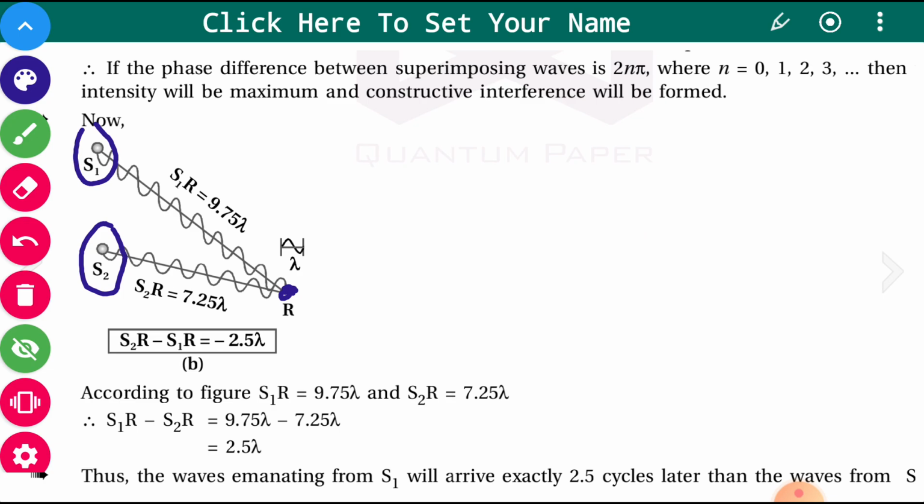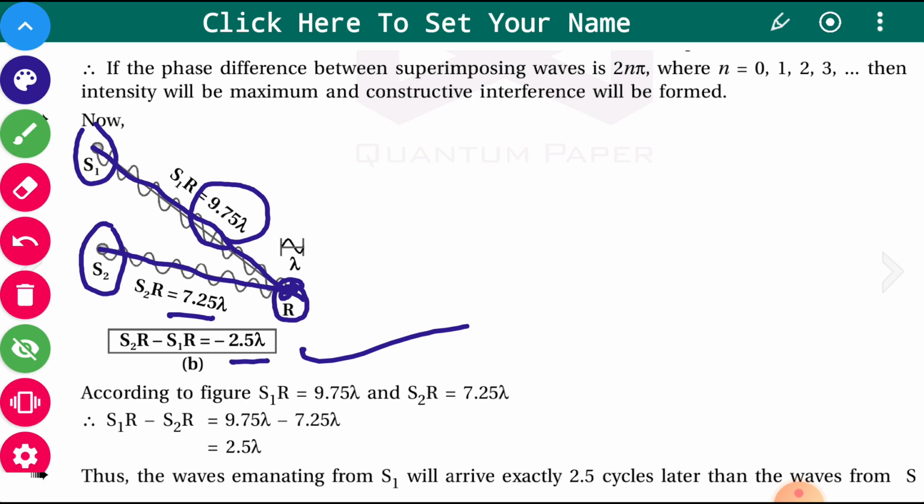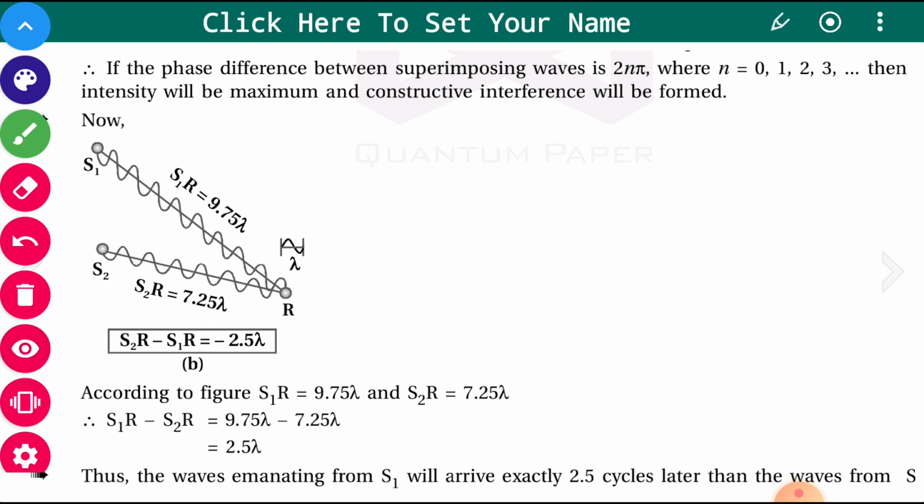The distance of R from S1 is 9.75 lambda, and the distance of the point R from the second source is 7.25 lambda. Now if you take the path difference, S1R minus S2R will be 2.5 lambda. So the difference of path is 2.5 lambda.